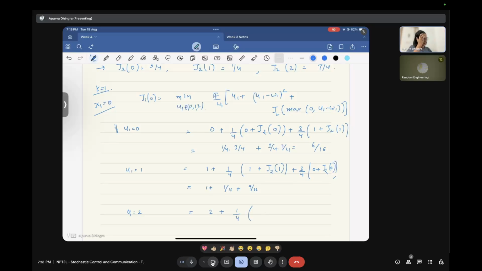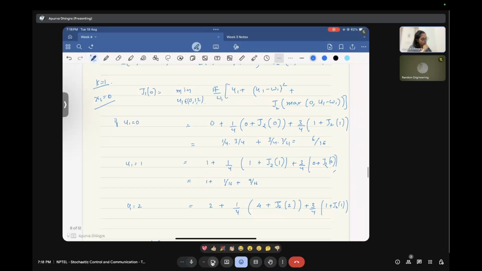It's u1 minus w1, which is just 2 square, so 4 plus j2 of 2, and with 3/4 probability we'll get 2 minus 1, 1 plus j2 of 1. If you do this, this will be bigger than 2, so we're still fine.